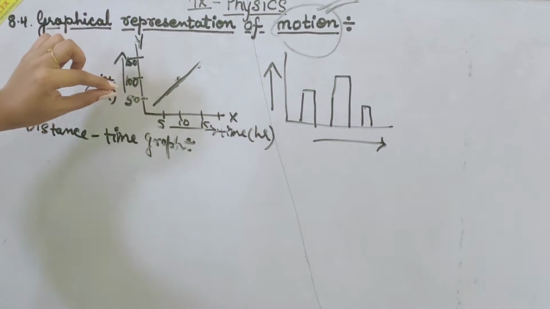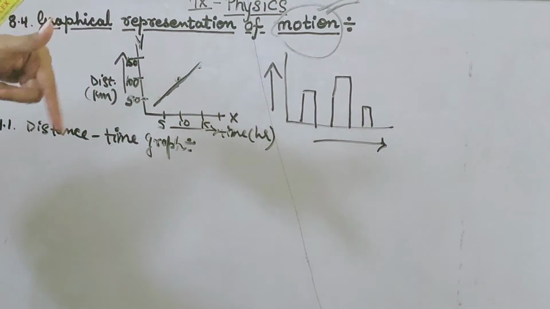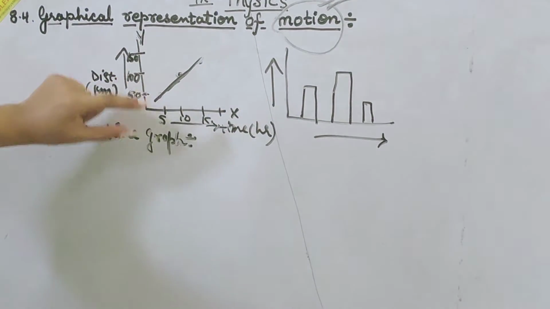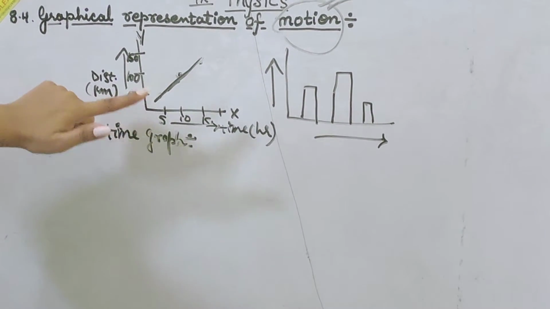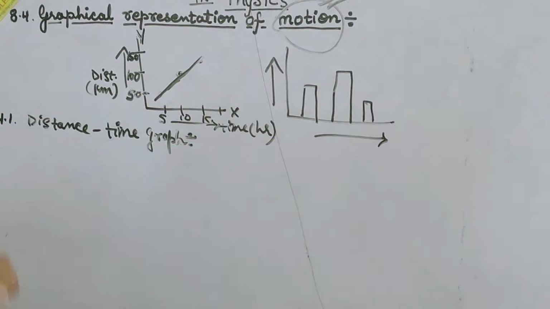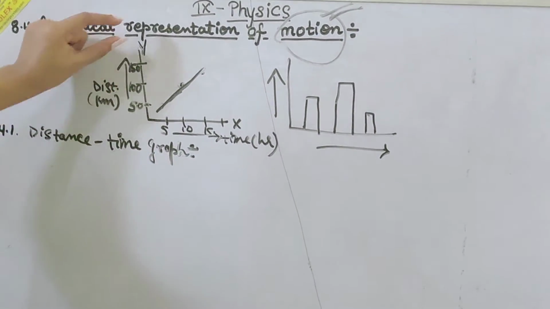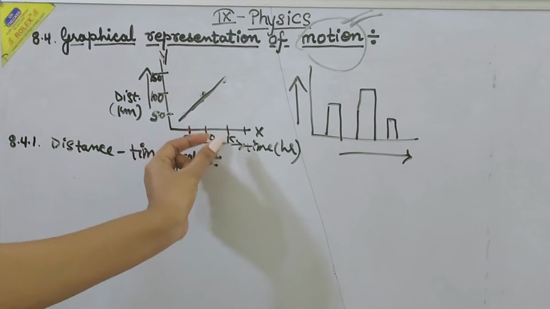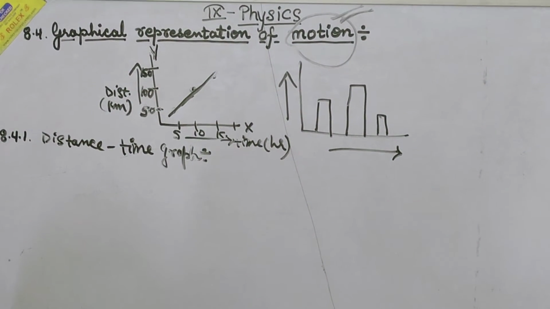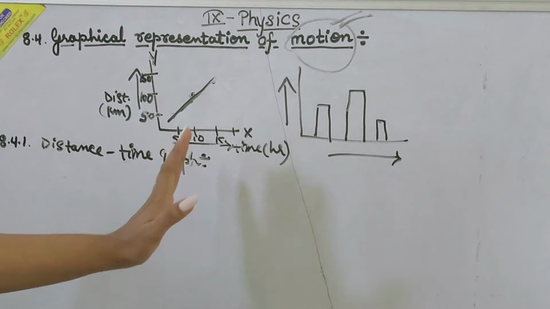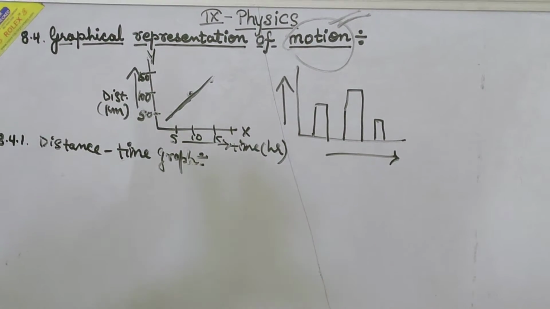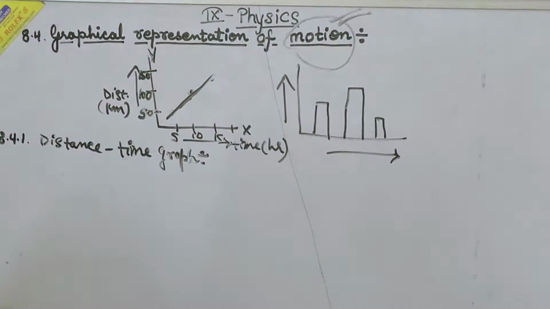Uniform speed. Because what is uniform speed? I have explained already: an object covers equal distance in equal intervals of time. There should be the same difference between the distances covered in the same time duration. So that object is in uniform motion.